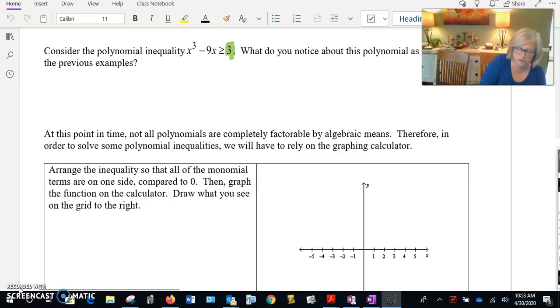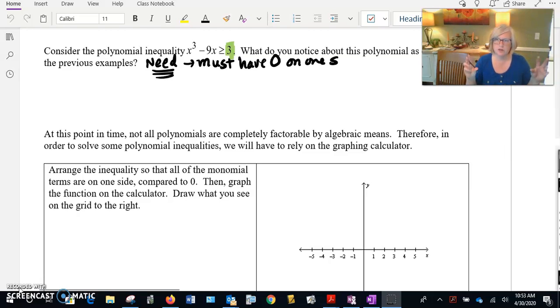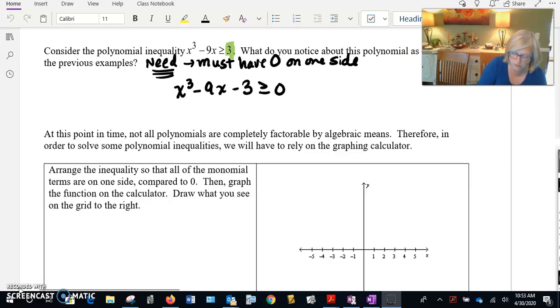So what you're going to do is rearrange, we must have 0 on one side, so that we can do our comparison. Our sign chart requires that you're comparing it to 0. So it becomes x cubed minus 9x minus 3 greater than or equal to 0. So this is the inequality that we are going to be solving.